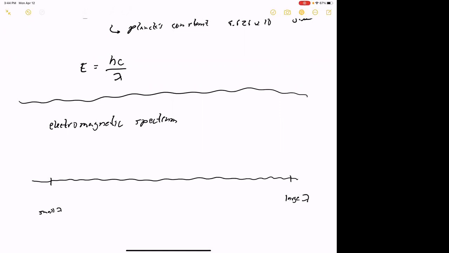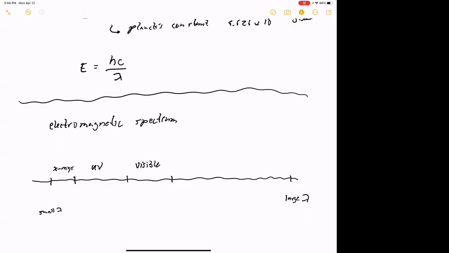Okay? We're going to have things like X-rays. There are other ones as well, but I'll just note some of the ones that we're well familiar with. Then past X-rays, as we move longer in wavelength, we get to the UV or ultraviolet part of the spectrum. Then from the UV, we get to the visible part of the spectrum.